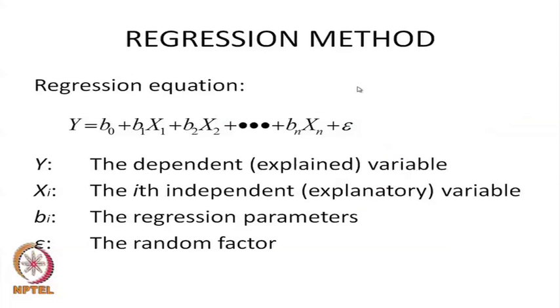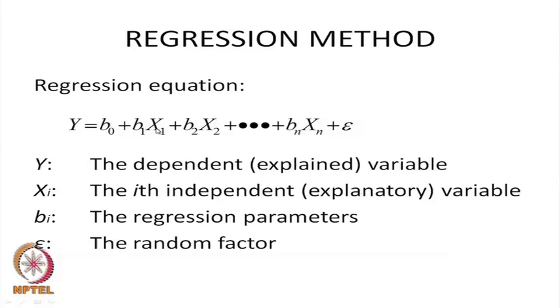Now, when we do not just use time as the independent variable, but take other variables as the independent or explanatory variables, such as x1, x2 and xn, suppose that there are different variables such as x1, x2 and xn that determine the value of y, then we call this a multiple regression equation.